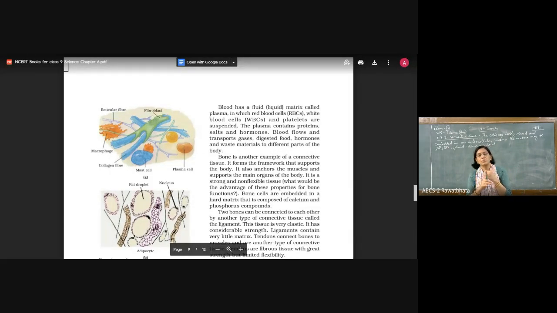First, transportation of glucose, amino acid, urea. Transportation of oxygen, we are recalling for RBC. Second point, if I am writing fighting against infection, that means I am writing the function of WBC. Clotting of blood is also the function of blood itself. And last but not the least, temperature regulation.